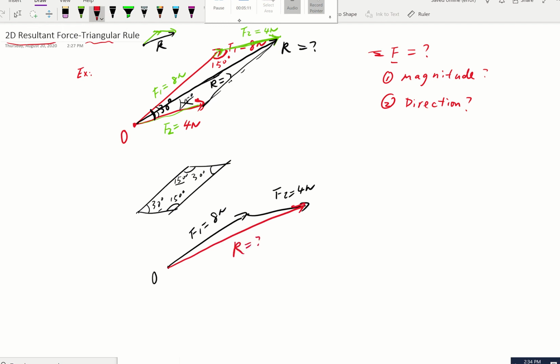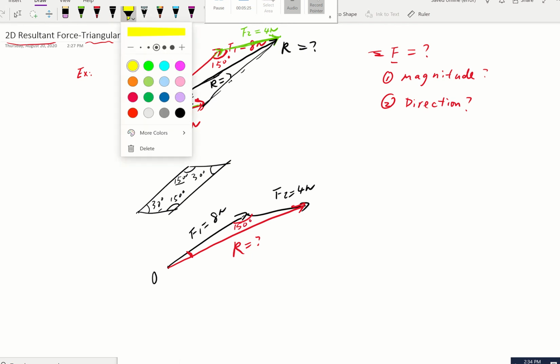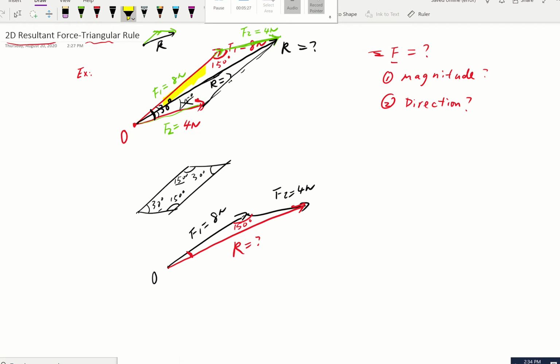And we do not know this angle, because this is not half of the 30 degrees. I'm going to emphasize that. However, we do know this is 150 degrees. Because what we just did is we are looking at the top of this triangle. That's where we are now. We are looking at this triangle.